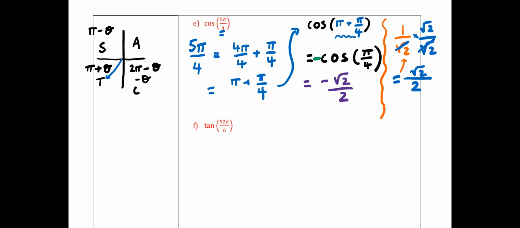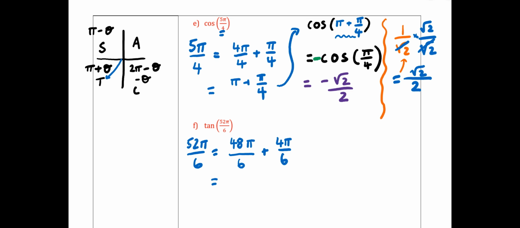So let's look at tan of 52 pi on 6. Well, the nearest multiple of 6 there could either be 54 pi or 48 pi. Well, let's imagine that 52 pi on 6 is equal to 48 pi on 6 plus 4 pi on 6.